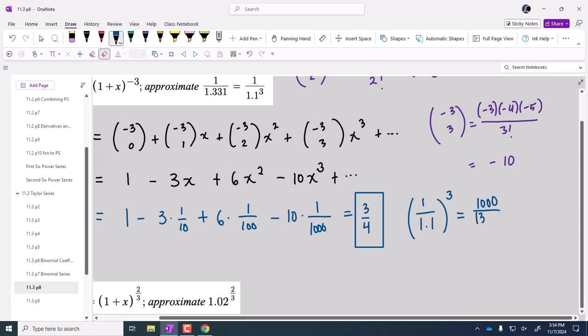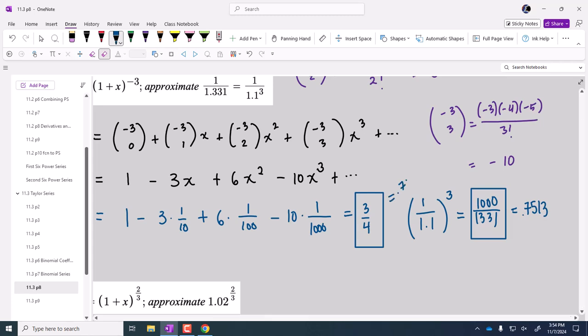Do you want the decimal part? Yeah, let's do them both as decimals too. That is how many decimal places out? 2 decimal places, 0.75. Let's go to 4: 0.7513. And this one, of course, is 0.75.